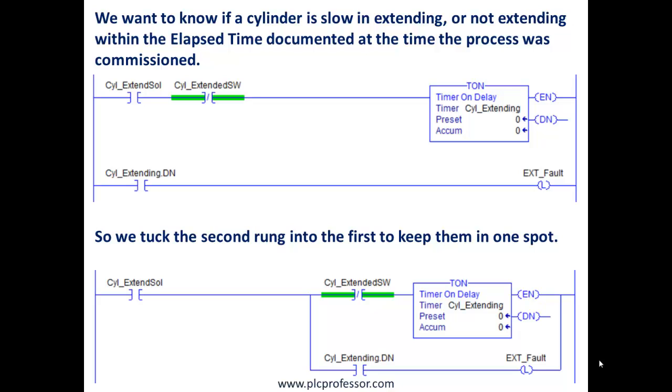Because if we don't have a cylinder extend solenoid energized, the timer won't be enabled and it'll be cleared back to 0 and the done bit set back to 0 anyway. So we just modify the logic a little bit to meet good reading.